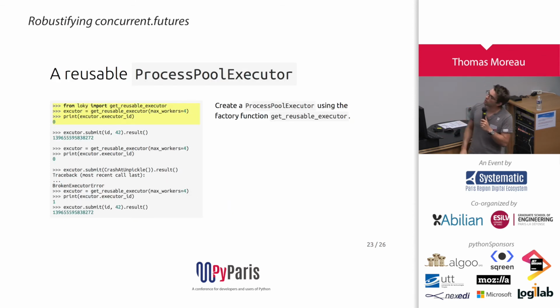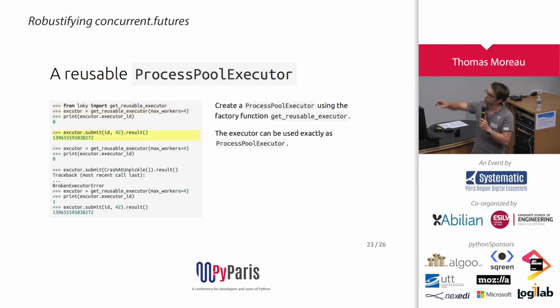And we also implemented a reusable process executor, with the idea of having a global process pool executor. You have a factory function called get_reusable_executor. This factory function gives you an executor which can be used exactly like the process pool executor or the thread pool executor that we introduced before.